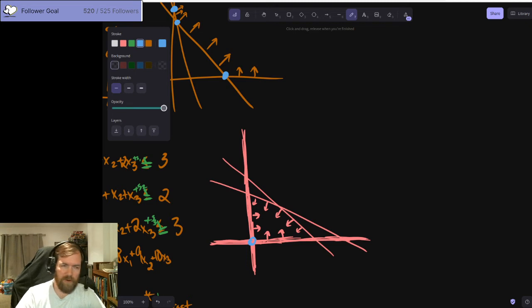We have 0, which realistically doesn't mean anything for us. We also have these up here and over here. So now we have to determine, we're going to start from 0. Are we going up or are we going right to get to the next particular point that we're trying to check? Right or up.